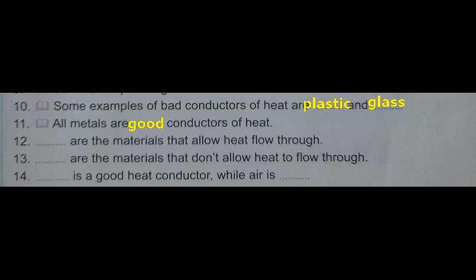Number 12. Not are the materials that allow heat flow through. Heat conductors. Number 13. Not are the materials that don't allow heat to flow through. Heat insulators.